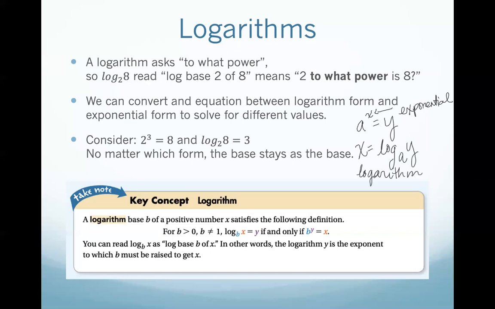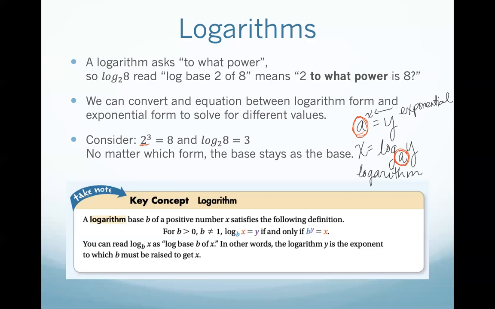A couple things to notice. Remember this variable here, a, was called our base. In logarithm form, a is still called a base. So no matter what form we're in, exponential or logarithm form, the base is the same. So we can see this with numbers. 2 cubed, or 2 to the third power, is 8. So I can also say that log base 2 of 8 is 3.